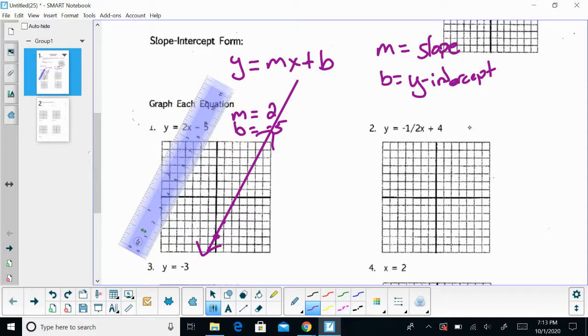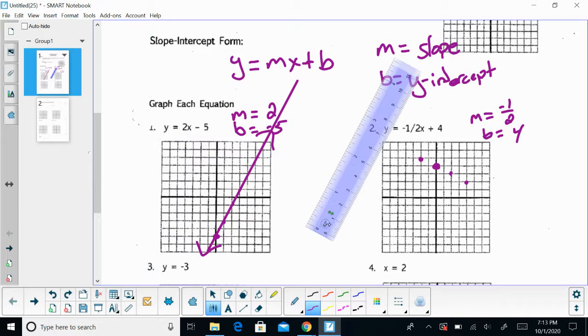Example 2, I have a slope of negative 1/2 and a y-intercept of 4. So I'm going to go up 4, 1, 2, 3, 4, because it's positive 4, begin with b. My slope, I go down 1 to the right 2, down 1 to the right 2. I could also go up 1 and to the left 2, right?